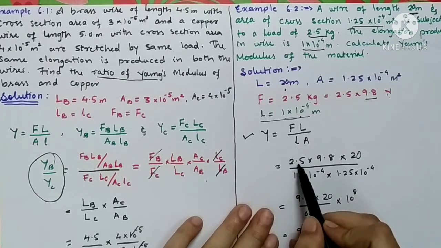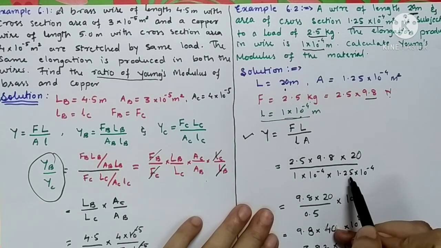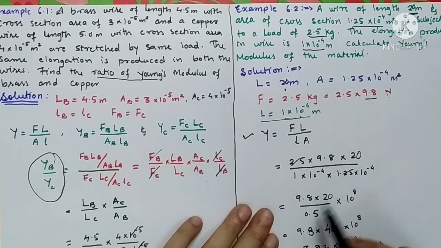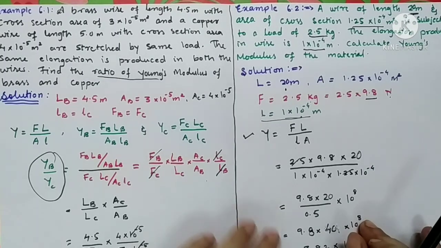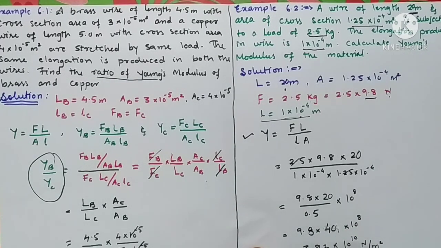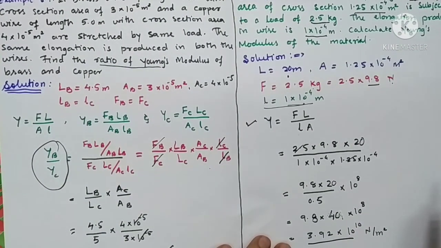Then we have 2.5 and 1.25. When you cancel it, 2.5 will become 0.5 in the denominator. So 9.8 into 20 divided by 0.5. Similarly, when we cancel this 5 with 20 in the numerator, it will become 40. 9.8 into 40, this answer will be 3.92 into 10 raised to 10 Newton per meter square.